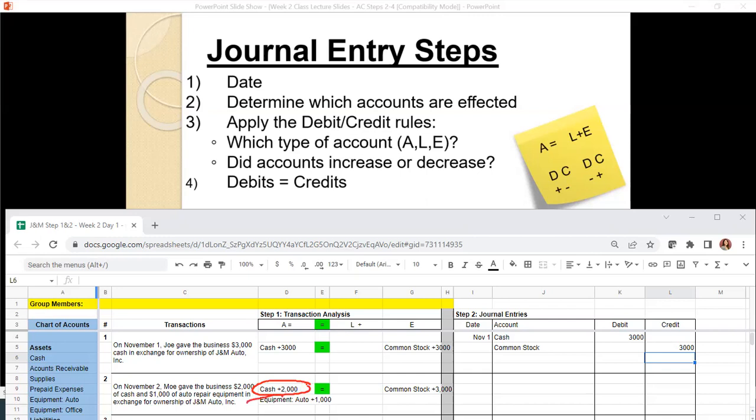They also received equipment, and that was $1,000, an asset going up. And so in exchange, now Mo, the other owner, got common stock. So the way that one is going to look is, again, we want to date it. This time the date is November 2nd.